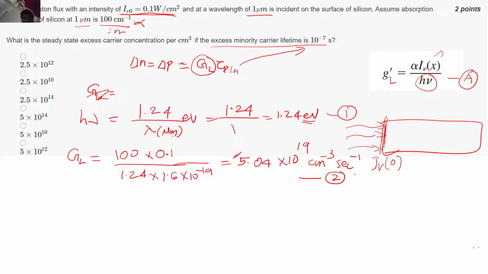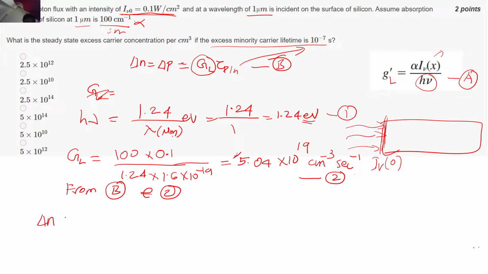Now the main question is the steady state excess carrier concentration. Let's say this is equation B. From B and A, G_L was the only unknown in equation B, and we have found G_L now. So let's substitute it.